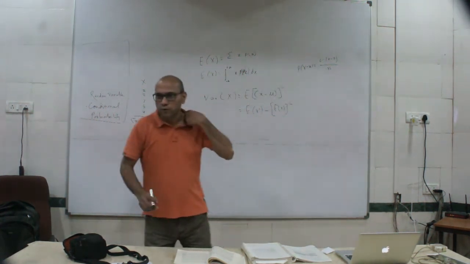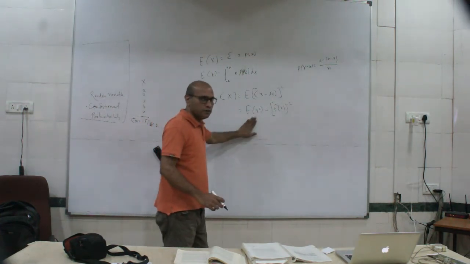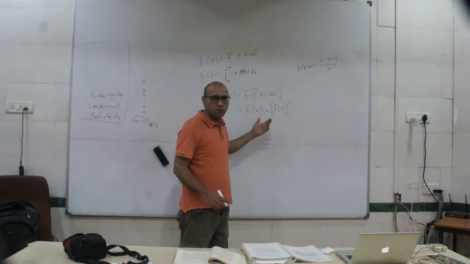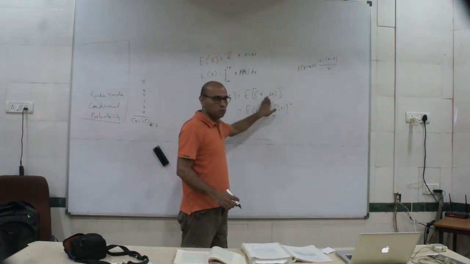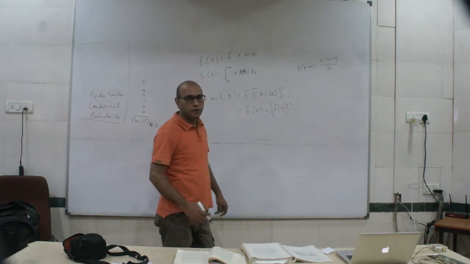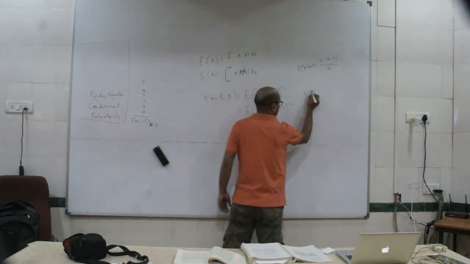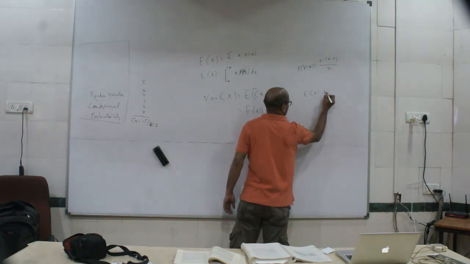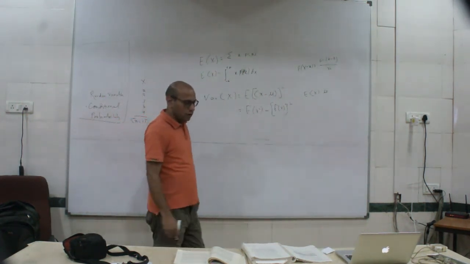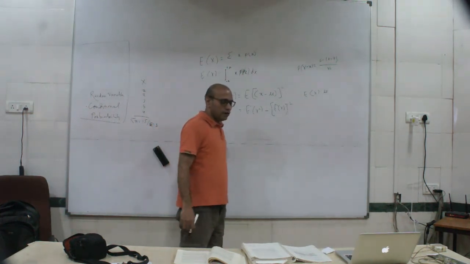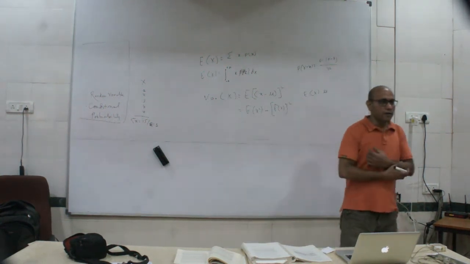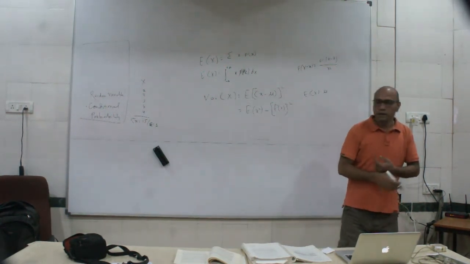Okay, so we do x squares and take expectation of it and subtract the expectation of x square from it. Expectation of x is mu, so basically mu square, right? This is variance.